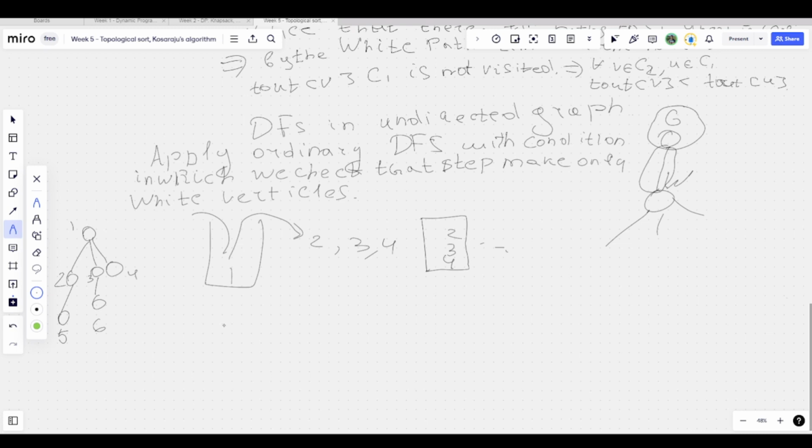Stack implementation is good because in the previous semester we discussed that the recursive implementation has strong limitations, but if we implement DFS recursively, we get an easier implementation.